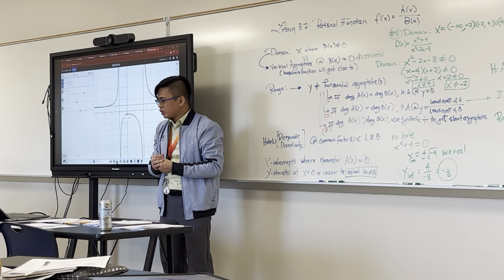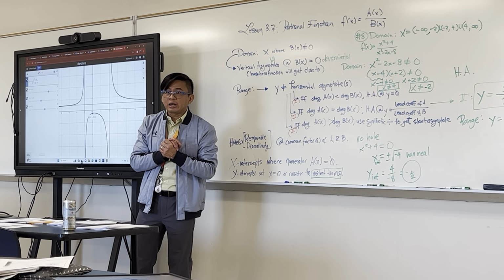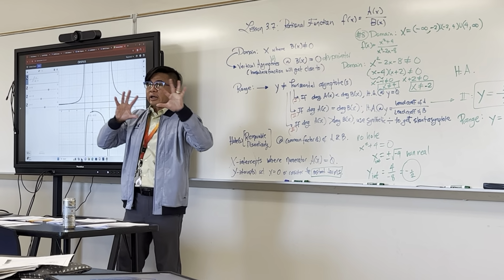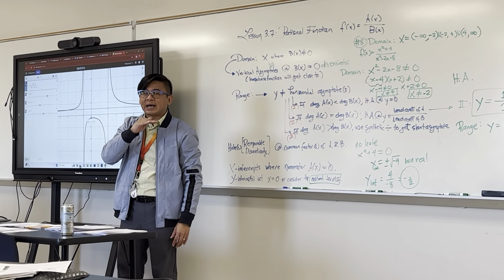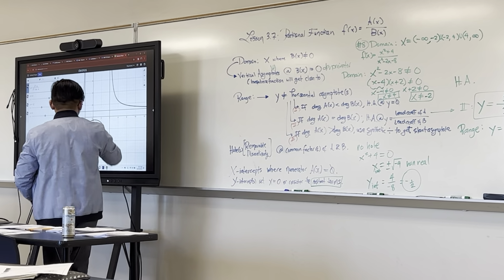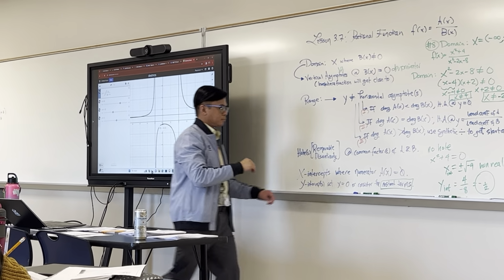The last key feature for such will be the end behavior. Once again, we said a while ago, the horizontal asymptote basically gives you the left and right end behavior. So in here, what do we notice for such? What's the right end behavior for this?